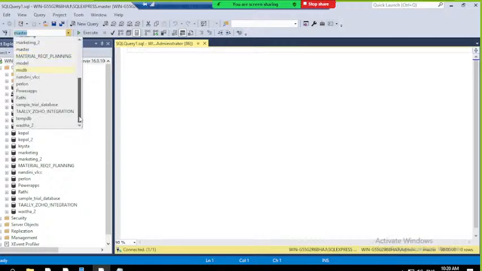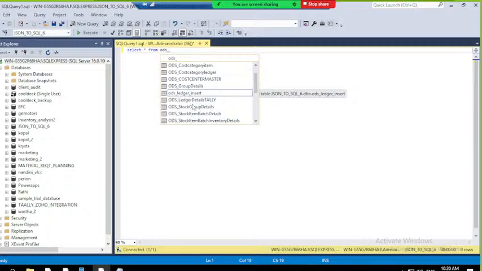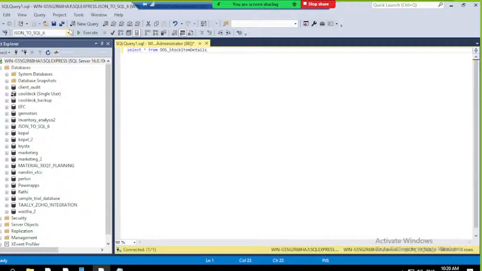Take any database: select star from ODS underscore stock item details tally. Item details tally, right?